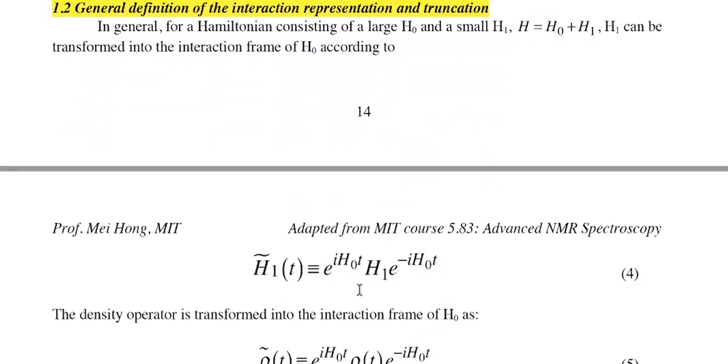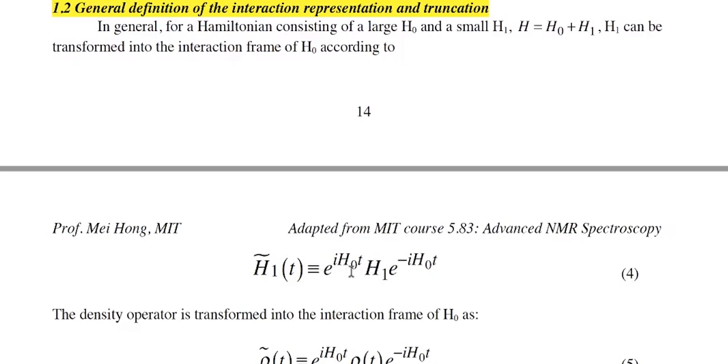So I care to take my small interaction, local field, and take that into the interaction frame defined by the bigger one, H0. The definition is: take H1 and sandwich it by this propagator, or exponential operator, before and after, and pay attention to the sign of the exponent. It's a positive sign in the front, a negative sign in the back.